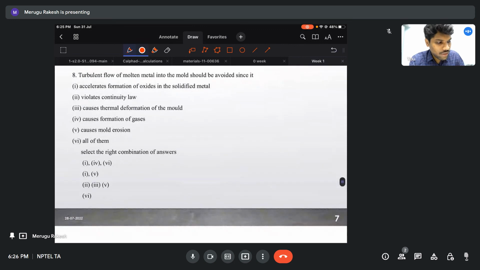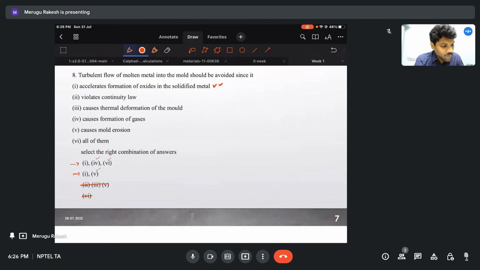The first option is accelerates the formation of oxide in the solidified metal. Yes, if there is very high stirring or very high turbulence while pouring, it will attract the oxides, and the oxides will be inside the casting, and it is detrimental for the casting. So that option is correct. Options A and B have this first option as their selection, so we can directly neglect option B and C. Now we can go directly to option 4 or option 5.